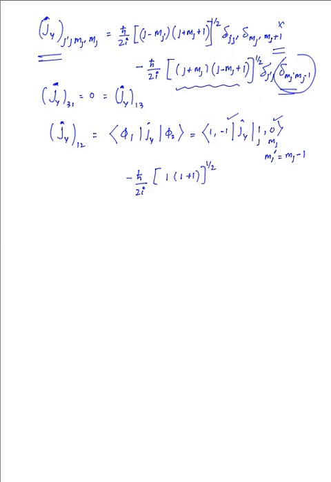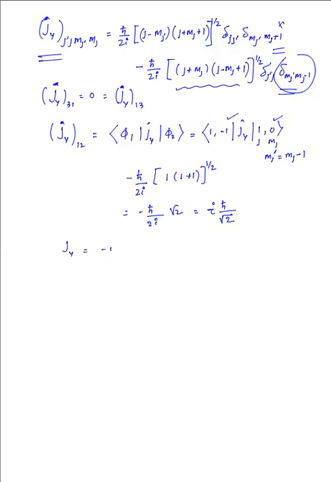So this is 2 times 1, that is root 2, and we have minus h bar over 2i root 2, or minus h bar over root 2 i. We can take that as root 2, and the i taken up becomes positive, so this is i h bar over root 2. Likewise, you can obtain the other elements.